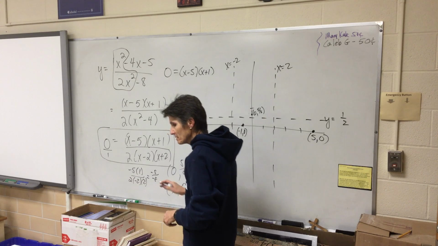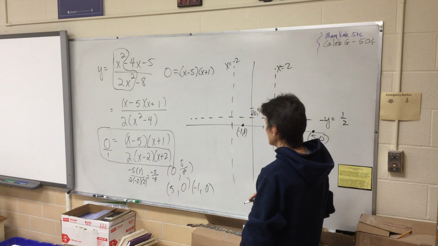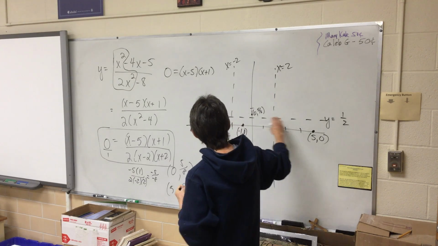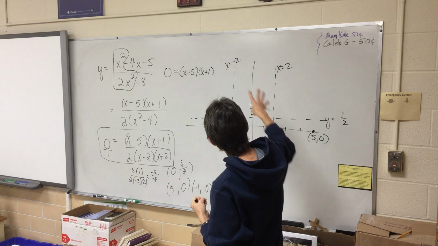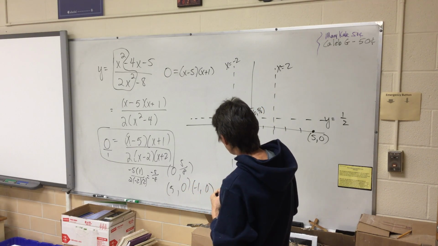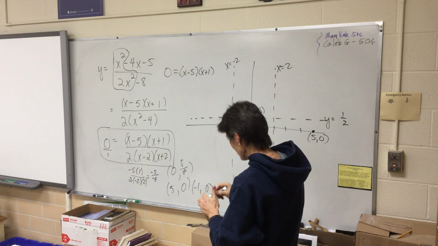Zeros, yeah. So we're not going to be confused. X-intercepts and zeros are the same thing. So we have our horizontal asymptote, our vertical asymptotes, our intercepts, and we agreed there were no holes. All right, that's it, folks.